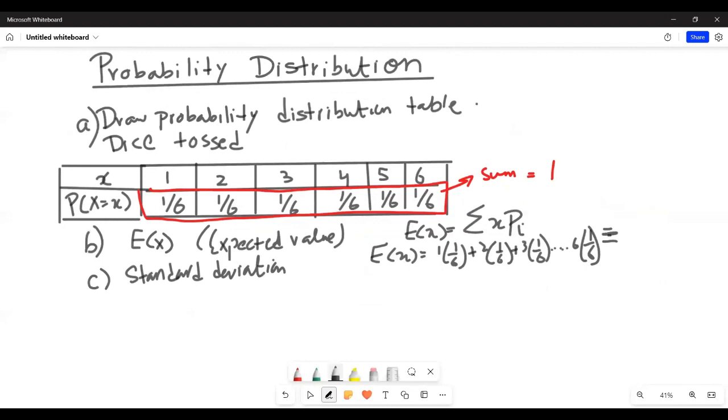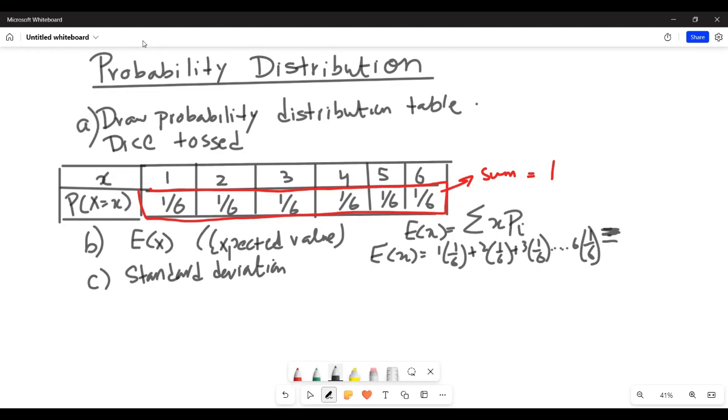Ma'am, what is Pi? Probability. It is the iteration, first value, first probability, then second probability. And X is 1, 2, 3, up to 6, right ma'am? Yes, exactly, in the table. Okay, exactly right.